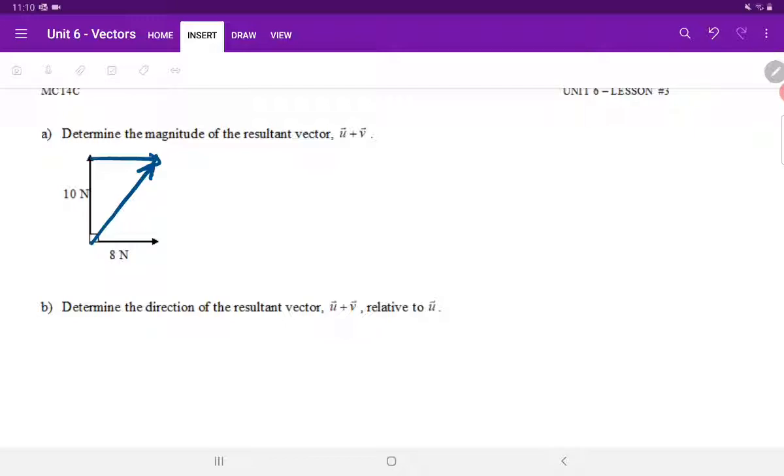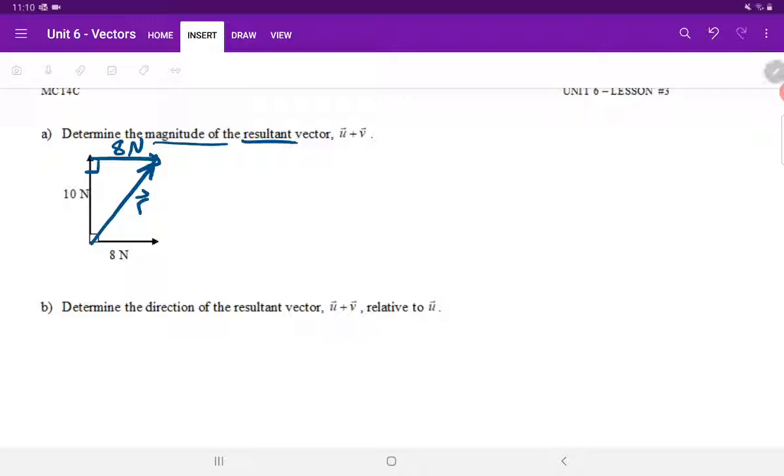Okay, so my 8 newtons is here, my 10 is there, and this will be my resultant, and it says find the magnitude of the resultant. What formula do we know? And we assume that this is, again, a right angle triangle. What formula do we know will solve for a right angle triangle if we know 2 of the side lengths?